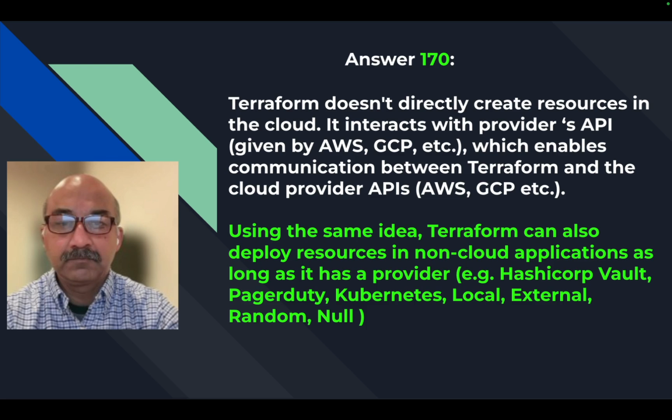Okay, so Terraform actually doesn't do anything directly with the providers. When we write simple code for, let's say, an EC2 instance, and we do a terraform plan and terraform apply, Terraform is not actually the one making those resources, right? It's interacting with the authentication that you provide in the provider section.